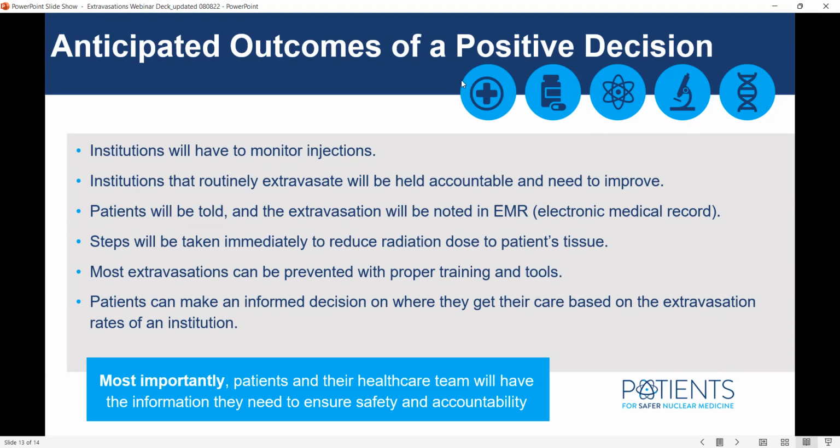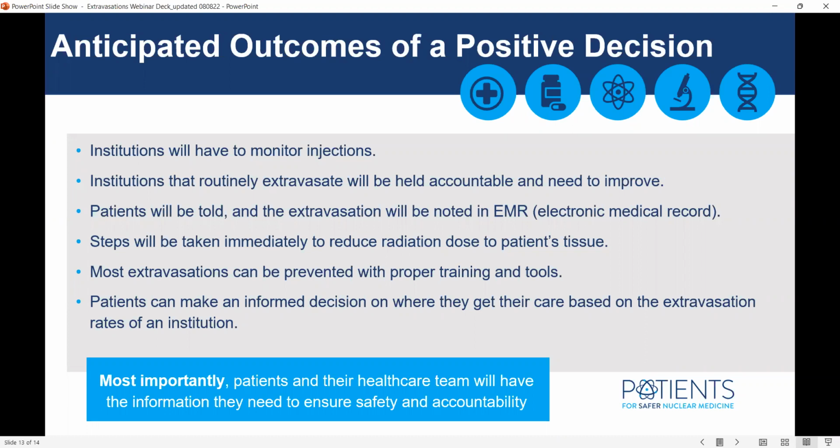So if the NRC decides to make extravasations reportable, this is what we anticipate will happen. Institutions will have to start monitoring injections of nuclear medicine scans. Institutions that routinely extravasate will be held accountable and need to improve, just as Pam had mentioned with the mammogram improvement.